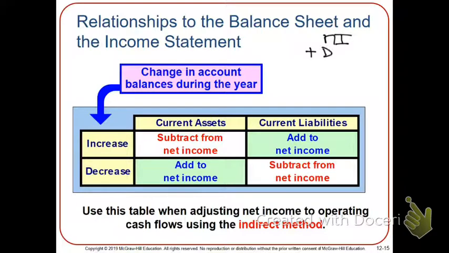I always say you add in depreciation, and then you add when a current asset is going down, and you subtract when a current asset is going up. And then you add when a current liability is going up, and you subtract when a current liability is going down. So liabilities go in the same direction, and assets go in the opposite direction. All right.